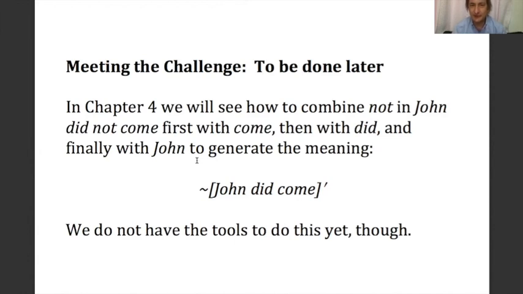In chapter 4, we'll see how to combine not in John did not come, first with come, then with did, and finally with John, to generate a meaning which is exactly equal to the logical negation combined with the meaning of the sentence, John did come. We don't have the tools for doing that yet, and so I'm going to have to ask you to just trust me for now. Believe that this isn't a real problem. It's a problem that can be met.